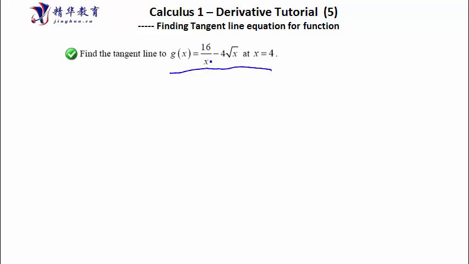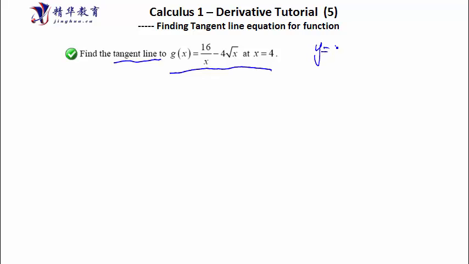So we are looking for a tangent line. If you know how to find a tangent line, let's do it. If you don't know, go back to grade 10 and check my linear function tutorials. I will show you how to find linear equations by using slope-intercept form or slope-point form. So for the tangent line, we're looking for a linear equation.